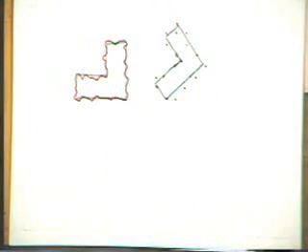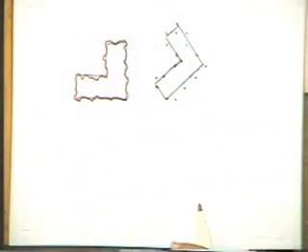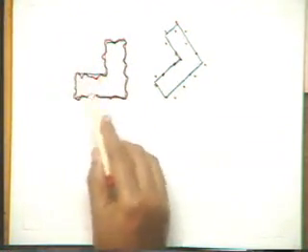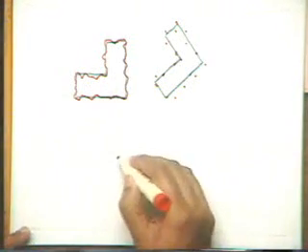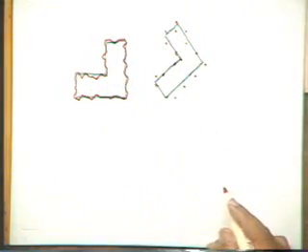Now for this type of representation, if you are choosing a very fine grid spacing, supposing the grid spacing is much finer than the grid spacing which is indicated over here, what will happen? The number of chain code elements will increase, obviously, because there will be too many direction changes that take place.